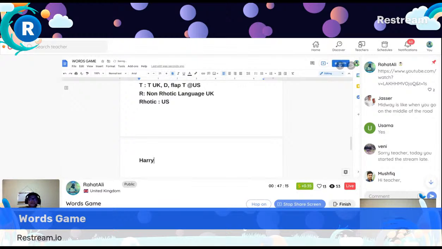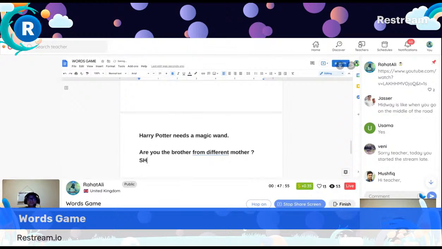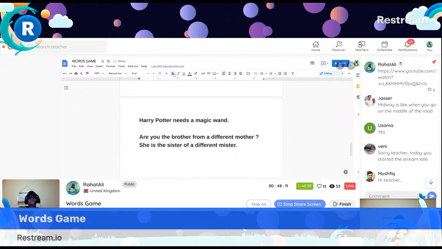For example, look at these three sentences.